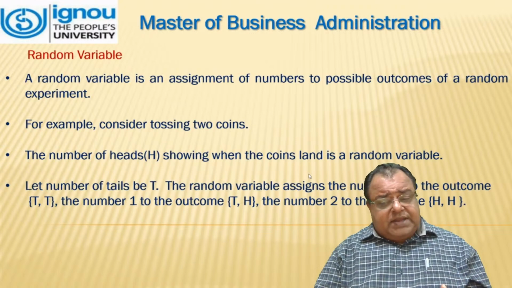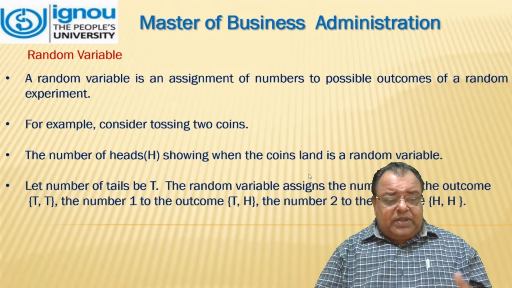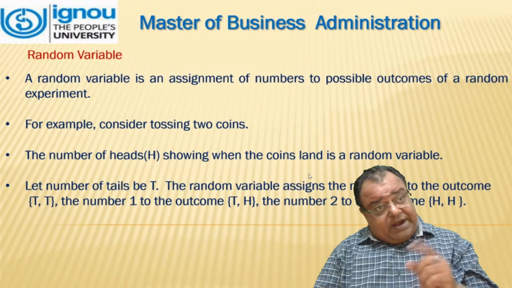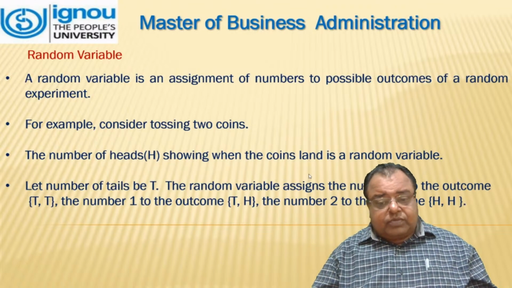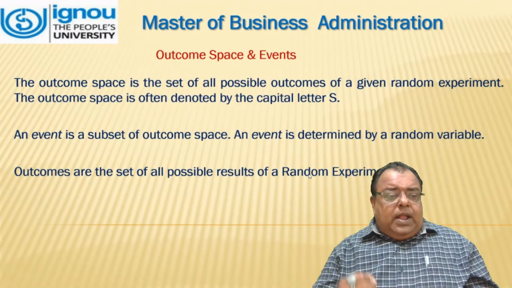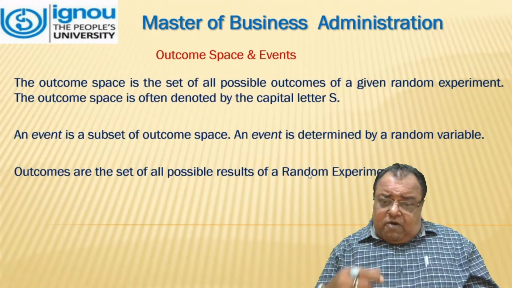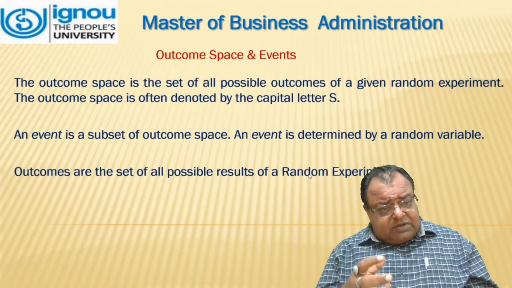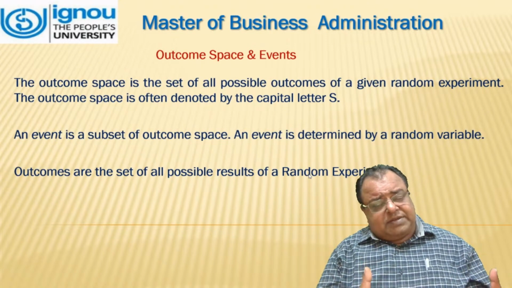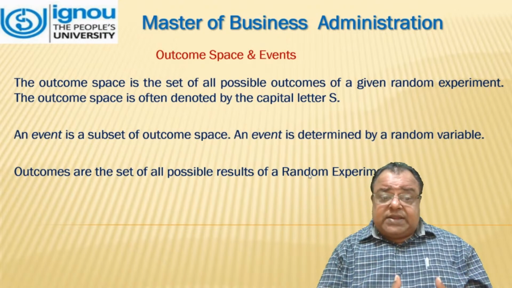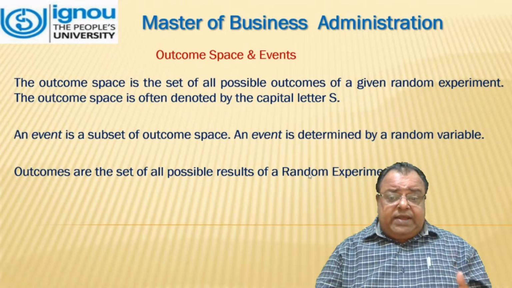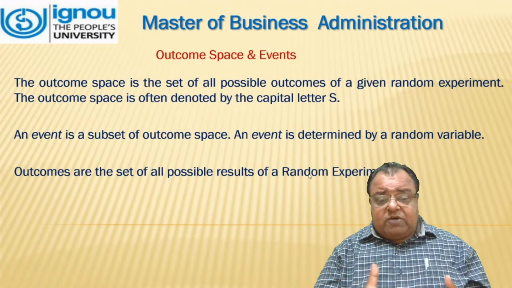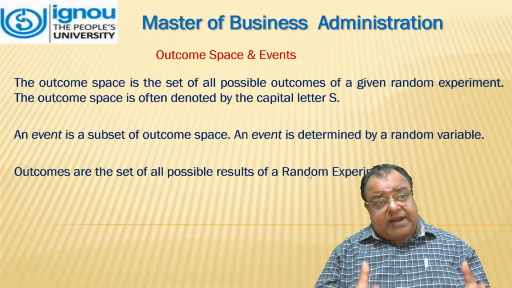The random variable assigns the number 0 to the outcome tail, 1 to the outcome of one head, and 2 to the outcome head of both. The outcome space is the set of all possible outcomes of a given random experiment. The outcome space is often denoted by capital S. An event is a subset of outcome space. An event is determined by a random variable. Outcomes are the set of all possible results of a random experiment.